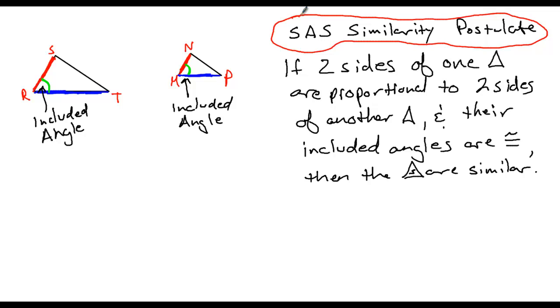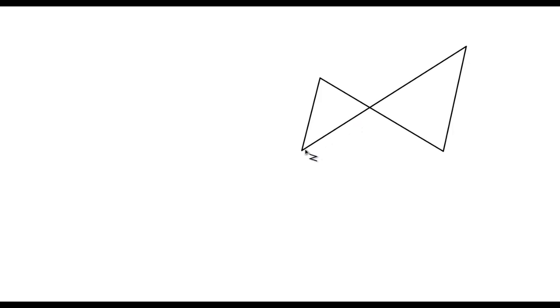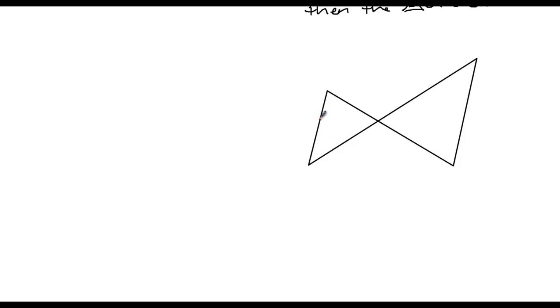So everybody likes proofs, right? So I'm going to draw a picture here. For the sake of argument, in this picture I drew, we're going to say that this side is parallel to this side.